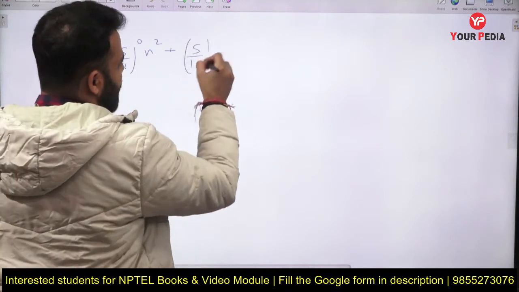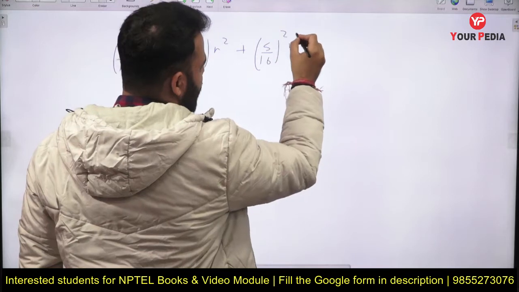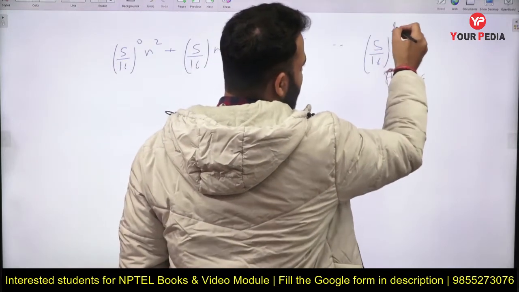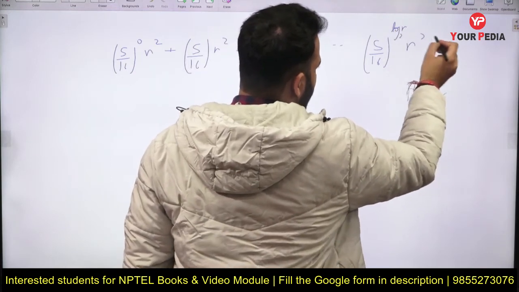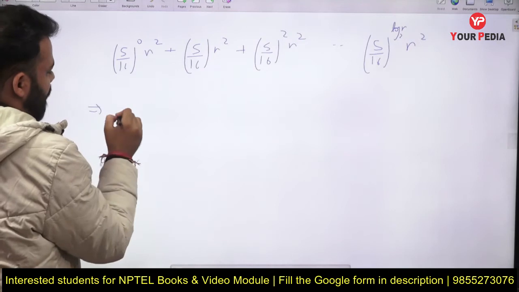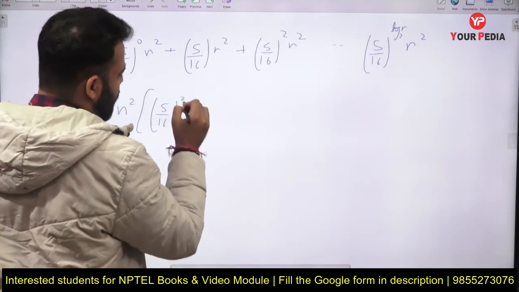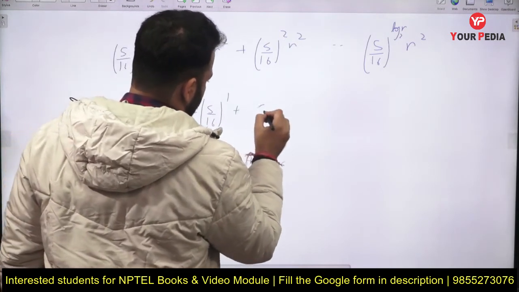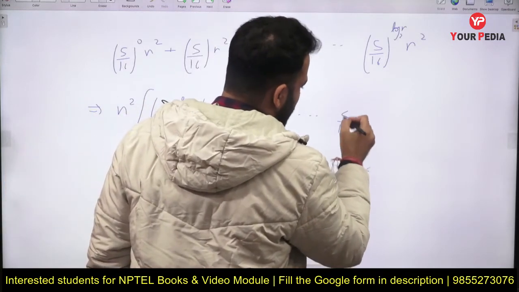Then after that 5/16 n square, 5/16 raised to power 2 n square, and so on up to 5/16 raised to power log base 2 of n, n square. And if I take n square common, it is 5/16 raised to power 0, up to 5/16 raised to power log n.